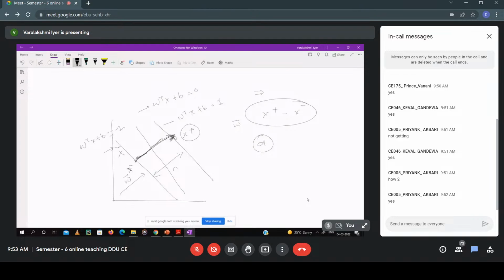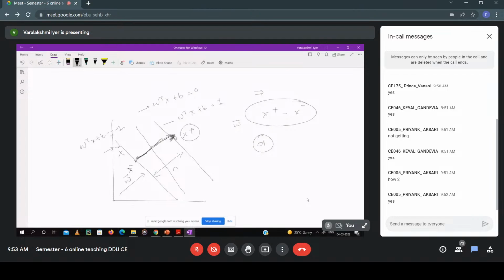So w transpose x negative is equal to -1 minus b, and w transpose x positive is equal to 1 minus b. So -1 minus b minus 1 minus b, minus of minus will be plus, so the b will cancel out and you will get 2 as an answer. Is it clear how we are getting 2 as an answer?